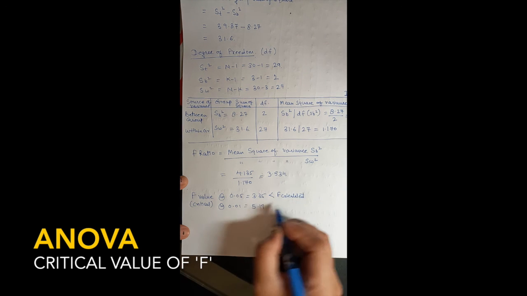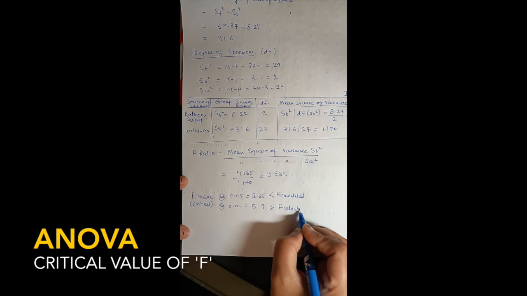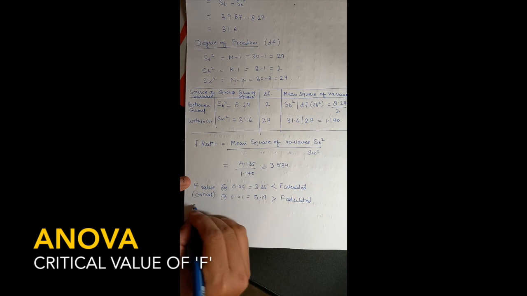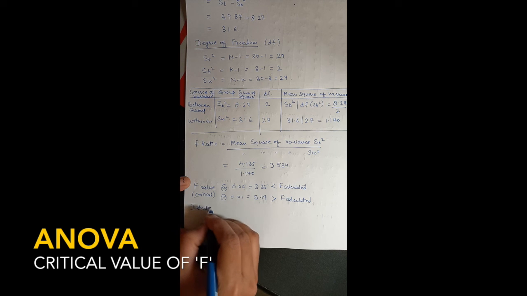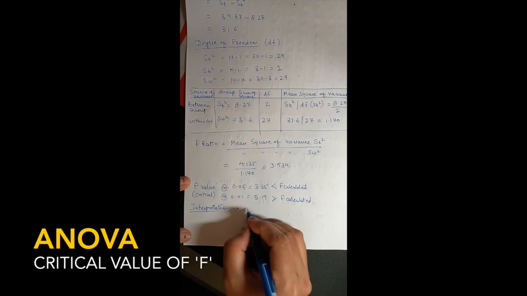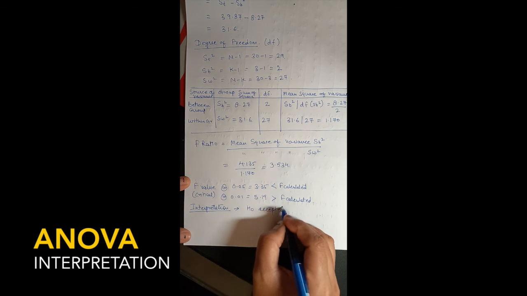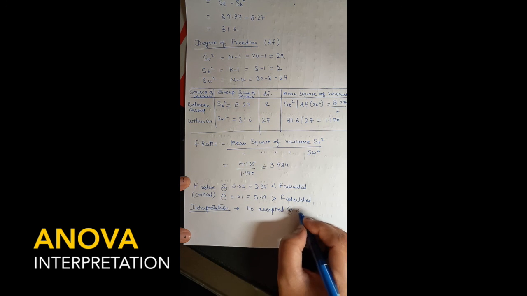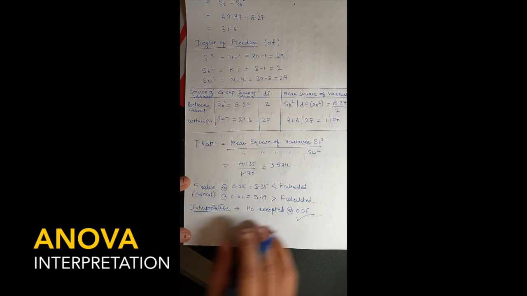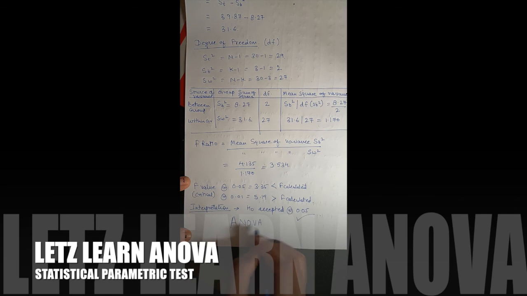So now we saw that the critical value of F at 0.05 is less than the calculated one, and the critical value of F at 0.01 is more than the calculated one. So the interpretation here, the last part, is that the null hypothesis is accepted at the 0.01 critical value, because the critical value is more than the calculated value.